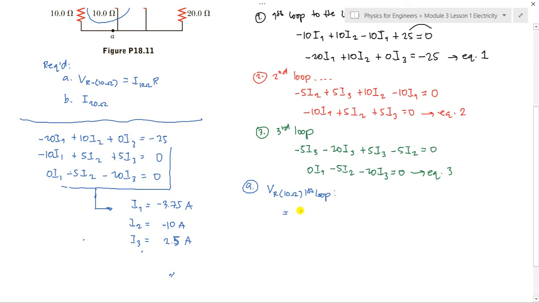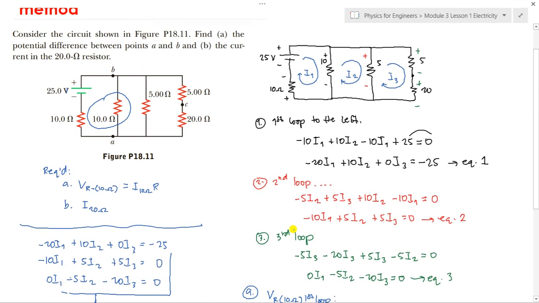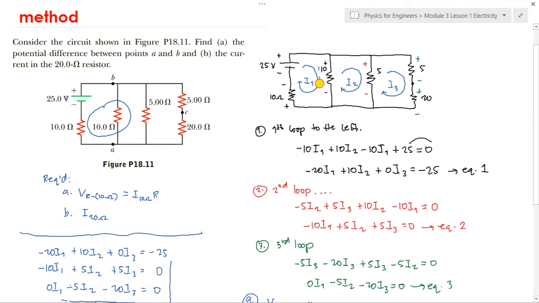So that would be equal to the current acting at the 10 ohm resistor times 10 ohms. So which currents are interacting here in our Maxwell interpretation? That is I1 and I2, right?